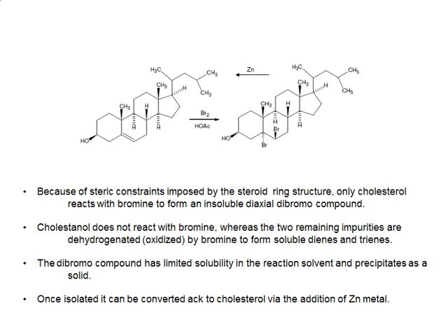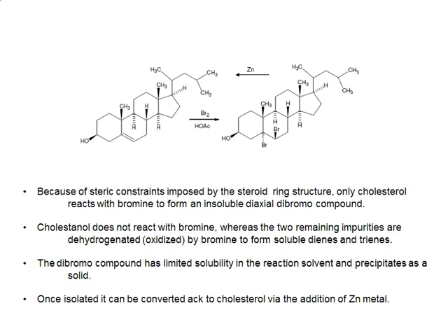It turns out that the chemical reactivity towards bromine is different for cholesterol than it is for those other three compounds shown. The compound on the upper right on the previous slide doesn't have any double bonds, so it's obviously not going to dibrominate. The other two compounds do have alkenes.